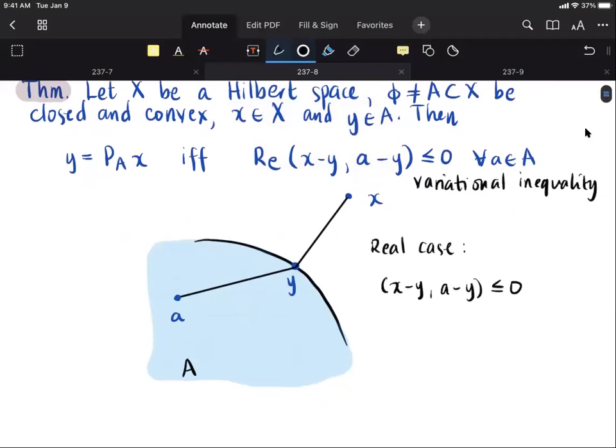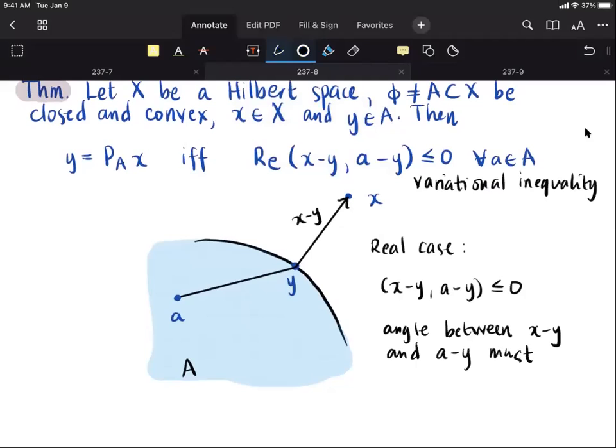So this means that the angle between the vector x minus y, and that would be this vector, and the vector a minus y must be, so you can think of the Euclidean inner product as a multiple of the cosine of the angle between these two vectors.